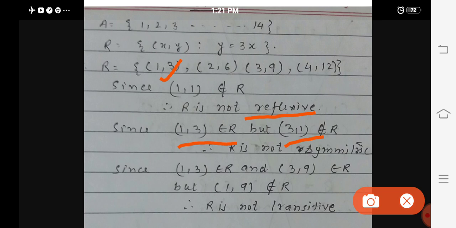Therefore the relation is not transitive. Okay, so with the help of examples from the given relation we have proved that the relation is neither reflexive, nor symmetric, nor transitive.